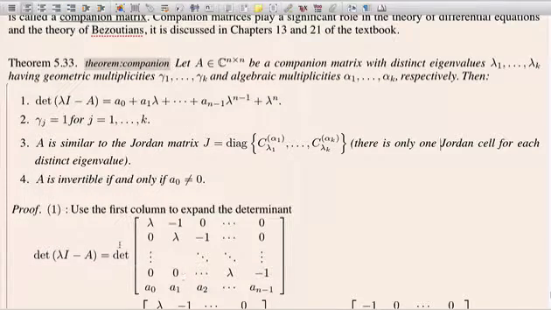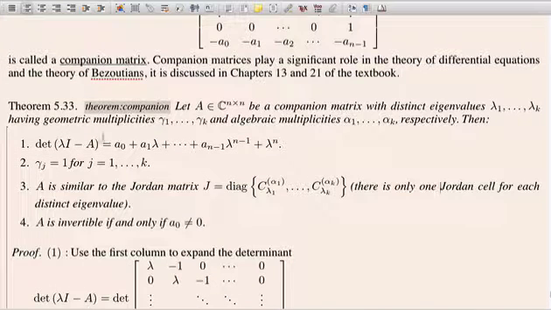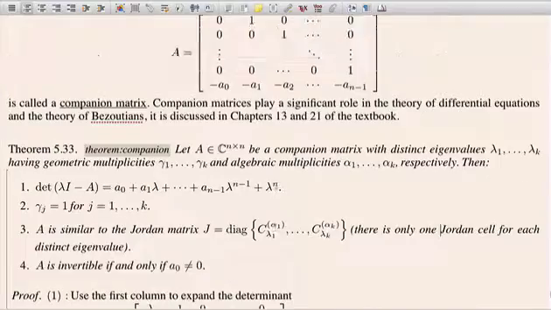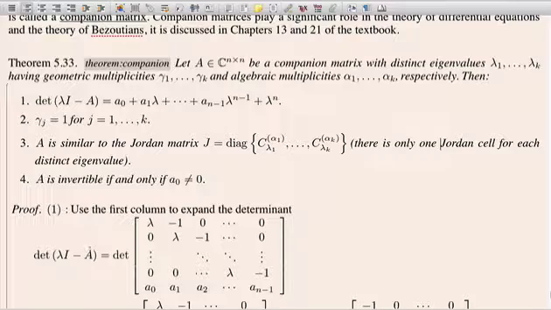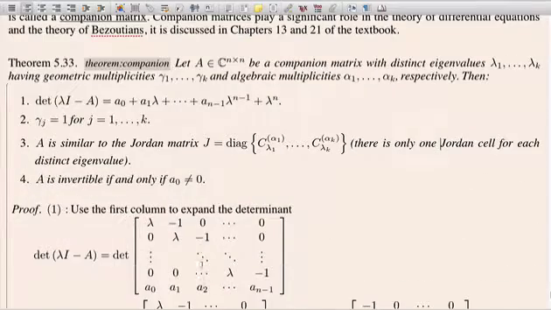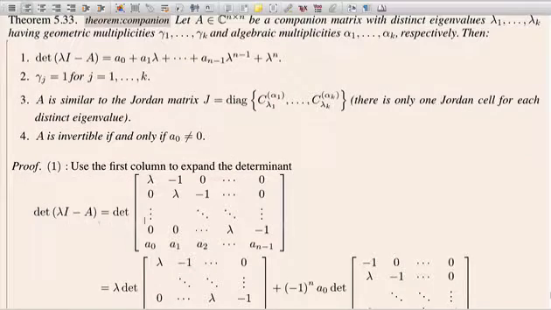Right, so let's go through the proof. We form lambda I minus A for the first part. So we have the lambdas in the diagonal and we subtract from that this companion matrix. So we have minus ones and we have positive sign for A0, A1, ..., A n minus 1. And we use the first column to expand it.